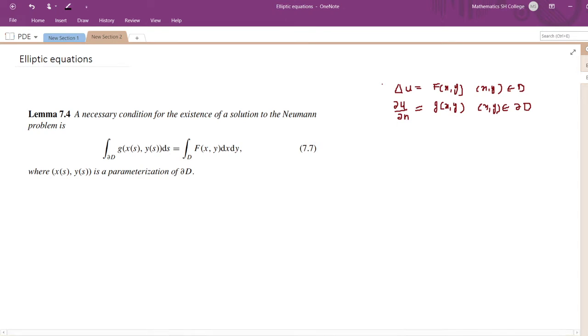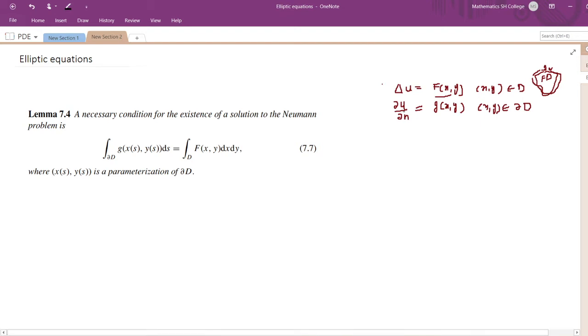So when you integrate f inside the domain D, that should be equal to the integral of g, which is defined on the boundary. If these two integrals are equal, we can say that the Neumann problem has a solution. So we will see the proof.